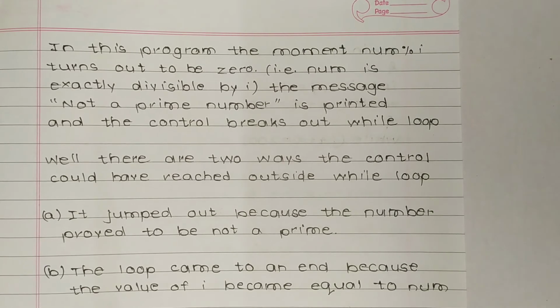Now there are two ways in which control could have reached outside the while loop.